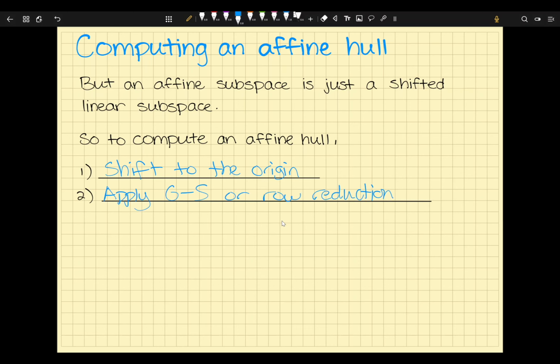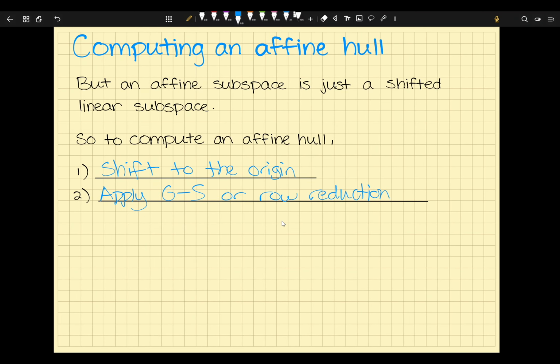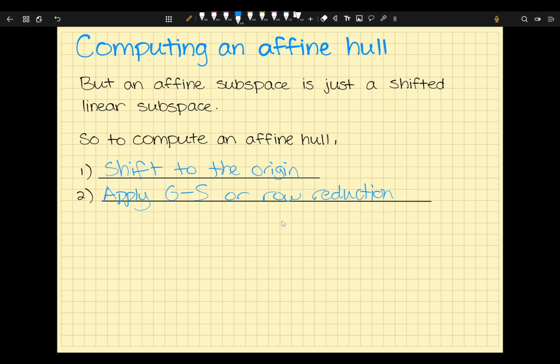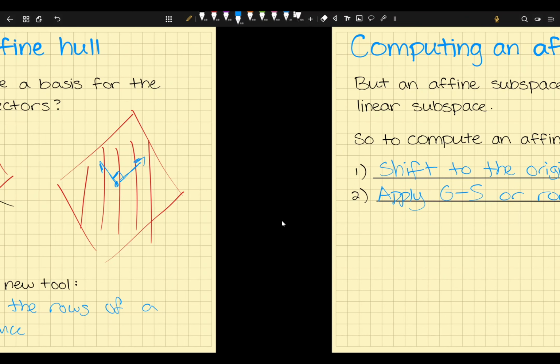And this gives us our affine hull. So there's nothing terribly interesting to code here. Okay, are there any questions about that?